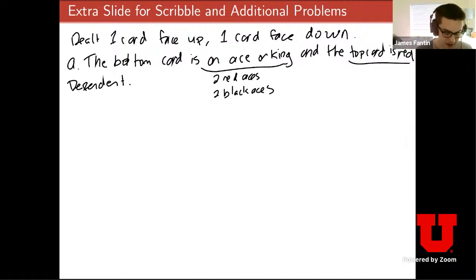So that means that these 2 events are dependent on each other. So we need to use the formula for dependent events. And just like somebody typed in chat, yeah, we're picking without replacement. And whatever we get on the first pick, it's going to change the probability for the next pick. So they're dependent.